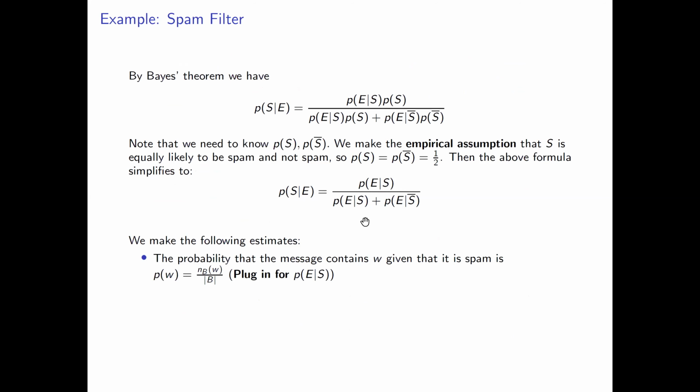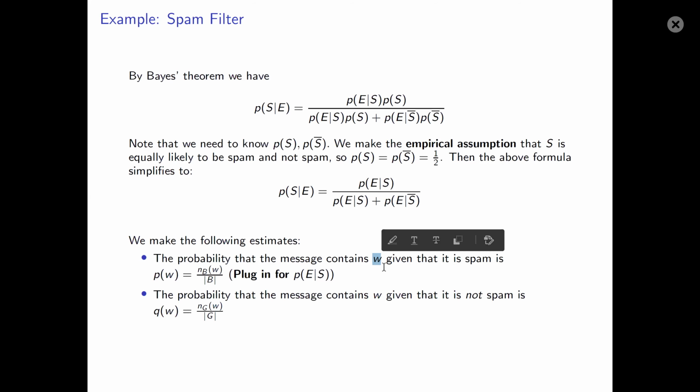We're going to make two estimates. The first estimate is that the probability that the message contains our fixed word W, given that it is spam, is the function P of W. This is what we're going to plug in for the probability of E given S.